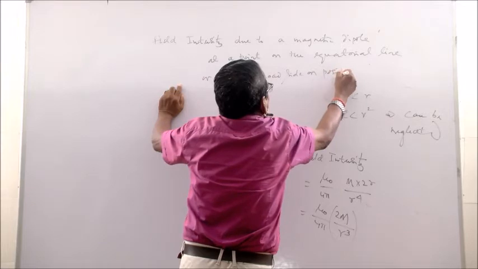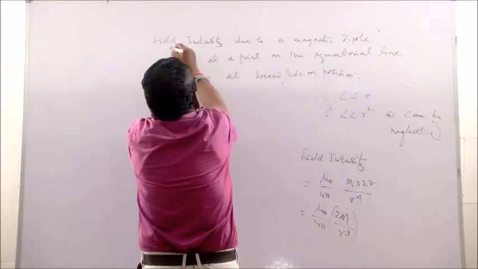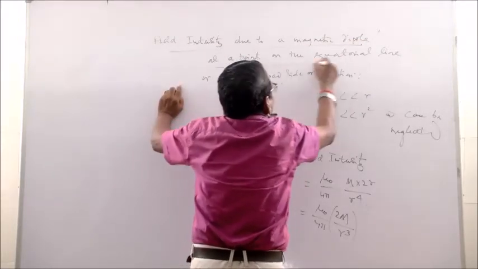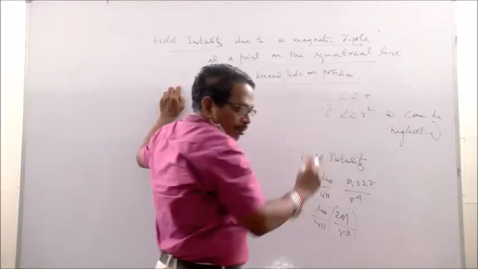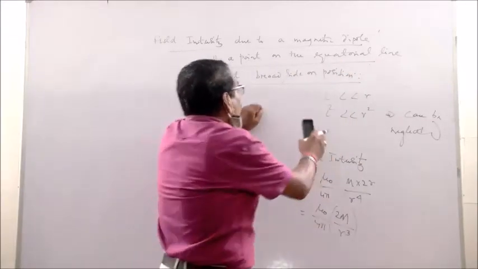This is also equally important so far as long questions are concerned. 7-mark question. Now we will find out field intensity of dipole at broadside on position.